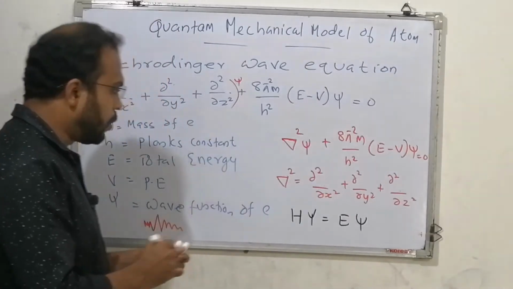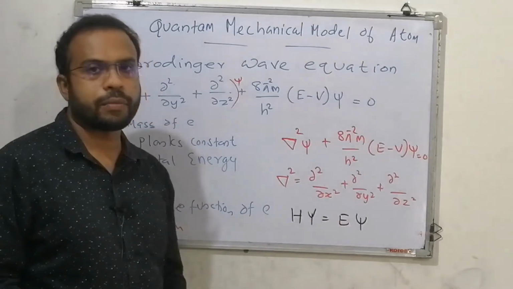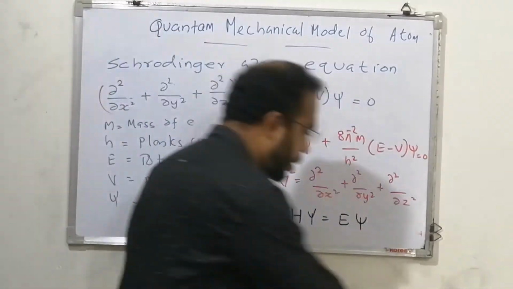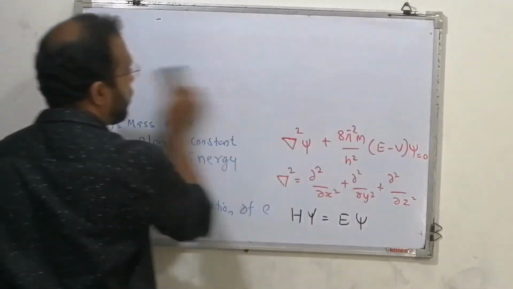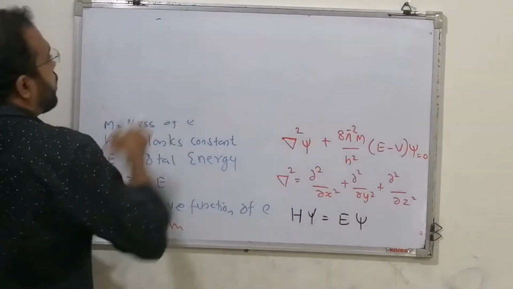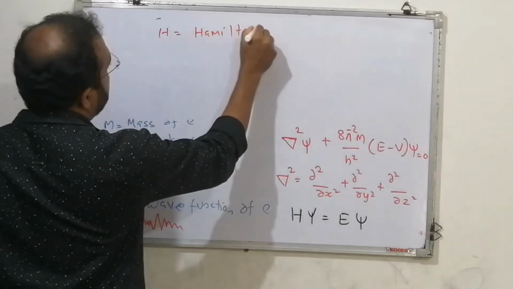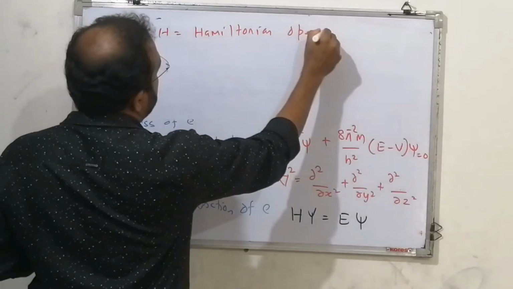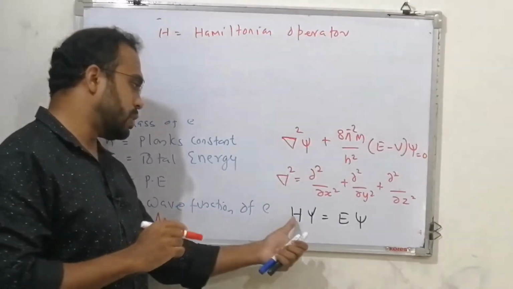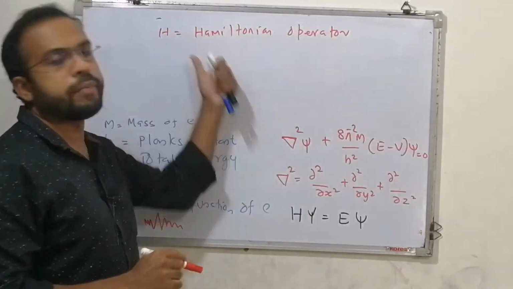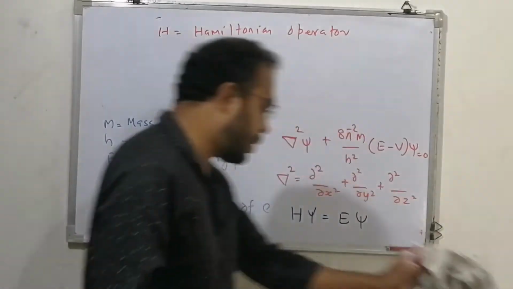Now, this is also written as Hψ = Eψ, where H is the Hamiltonian operator. Therefore, you can write the Schrödinger wave equation in three ways. This is the second way, and the previous one was the first way.